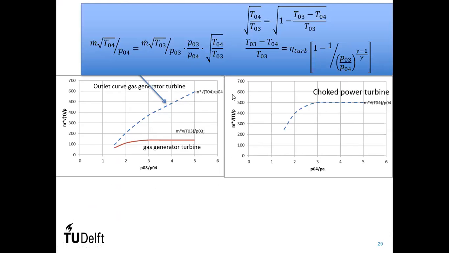If you plot in this way, so the pressure ratio versus the reduced mass flow, you see that in this situation, if you choke, this value here, the outlet of the gas generator turbine, should be equal to the inlet of the power turbine.